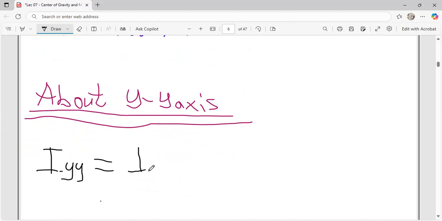Moment of inertia of part 1 in the y to y area, plus, this could be in brackets, plus I2 also at y to y.